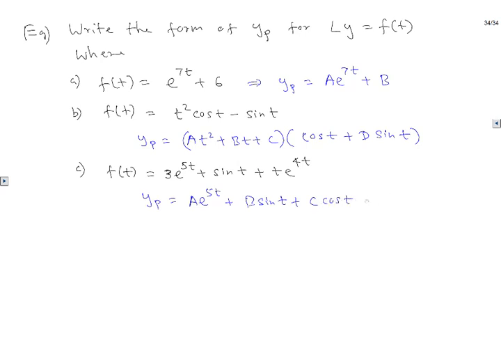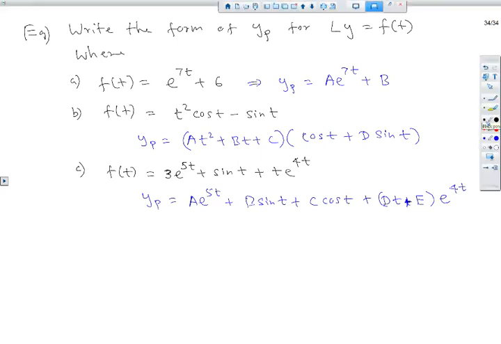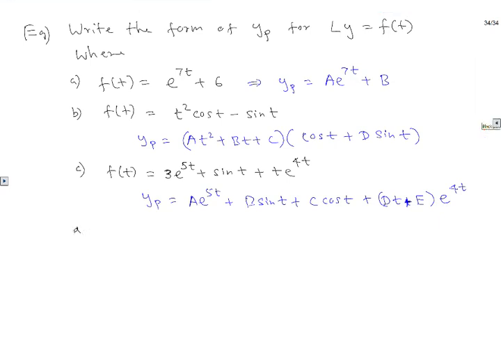For the next one there's a t, which means you have to write a degree 1 polynomial, (dt plus e) times e^(4t). You don't write another coefficient for that because that's already there. So that is the form for that. And let's do d.